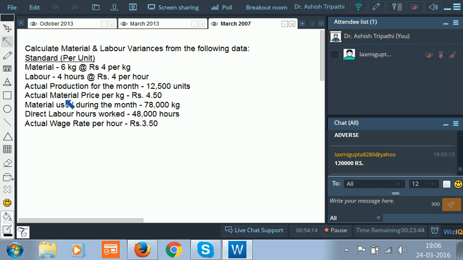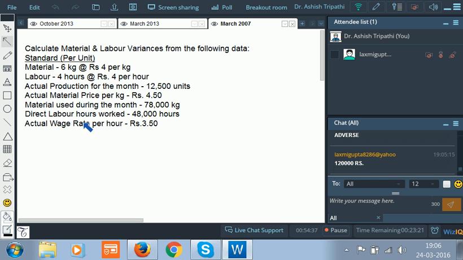Labor 4 hours at the rate of rupees 4 per hour. Actual production for the month is 12,500 units. Actual material price per kg rupees 4.50. Material used during the month is 78,000 kg. Direct labor hour worked 48,000 hours. Actual wage rate per hour rupees 3.50.